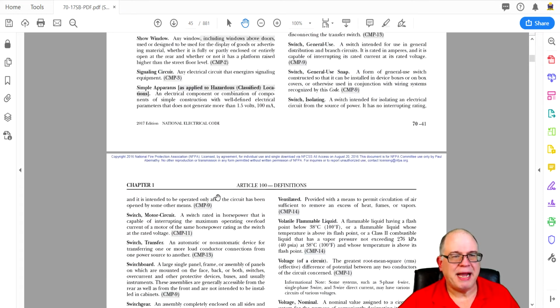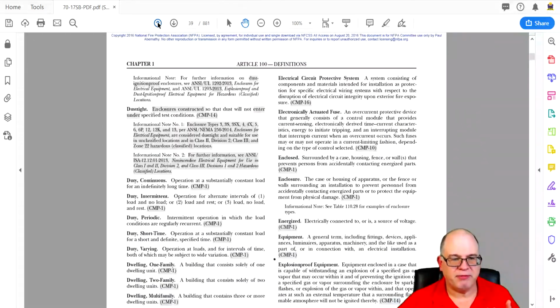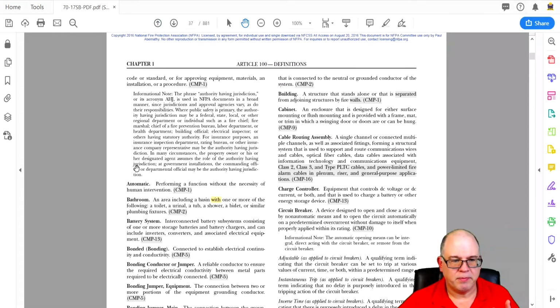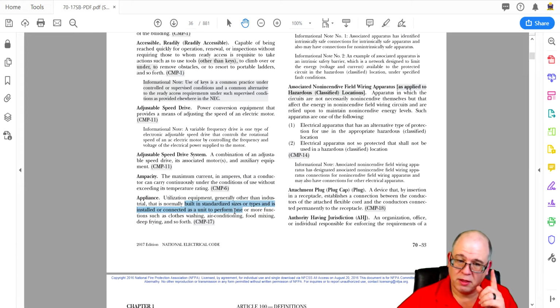And so when we go back and look at the term appliance, only then can we appreciate that it says utilization equipment, generally other than industrial, normally built in a standard size or type and installed or connected as a unit to perform one or more functions. Okay?